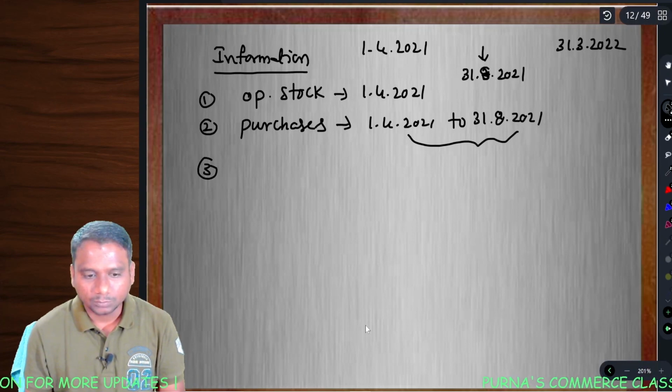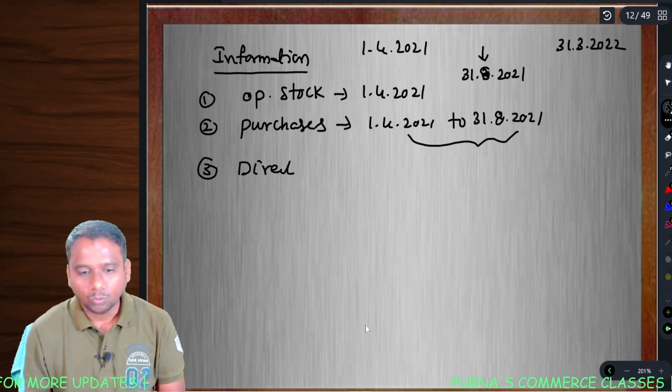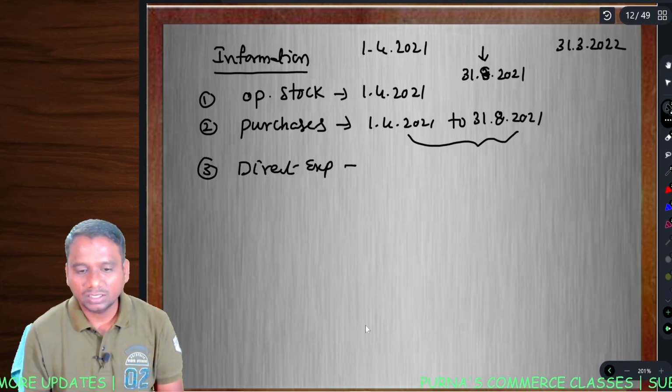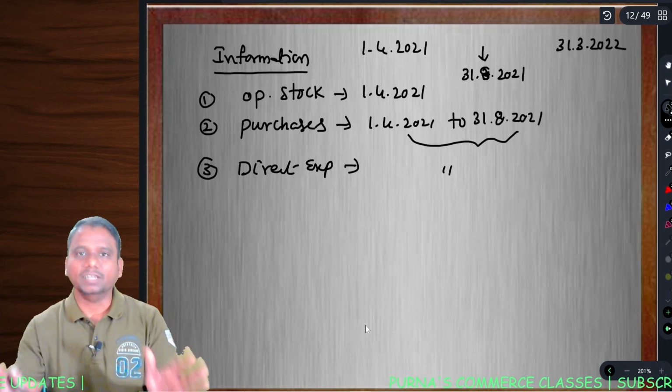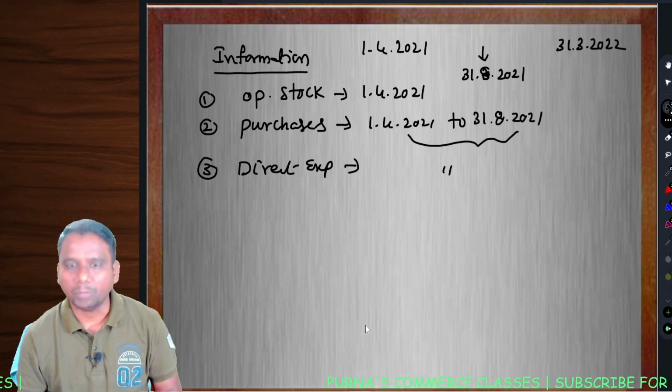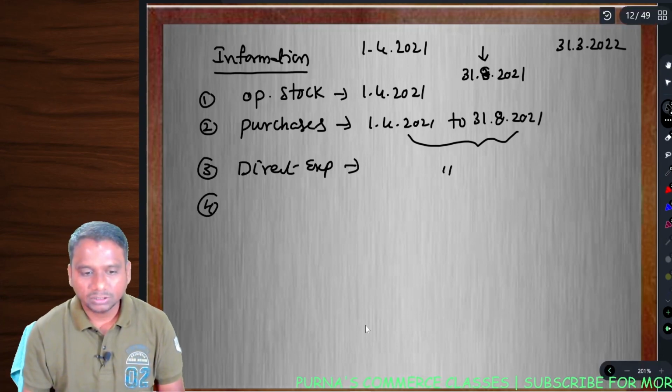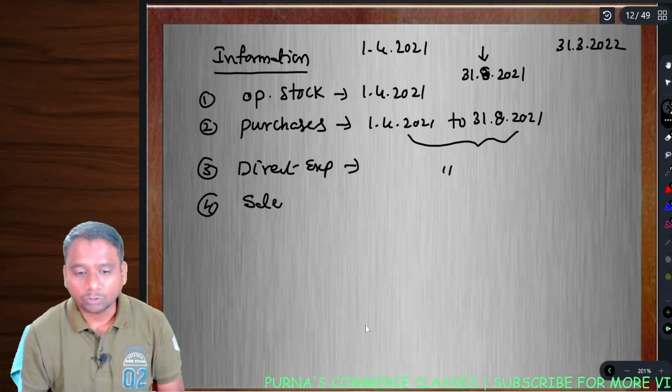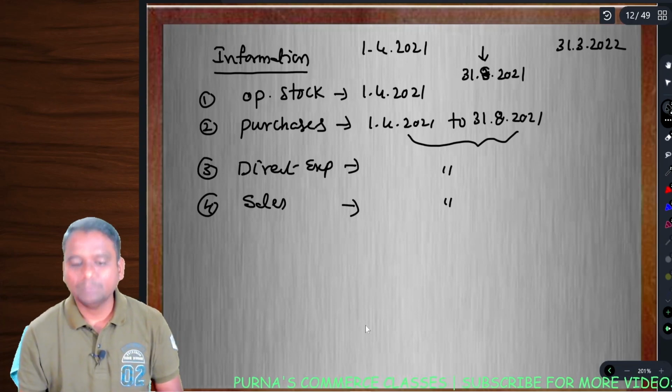Okay. Third one, direct expenses. Whatever expenses you have incurred between the same period to bring the goods, to purchase the goods, you have to mention. And the fourth information is sales information, also for the same period.